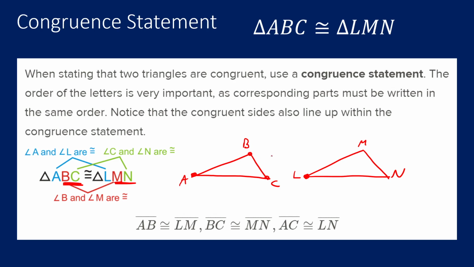BC is right here, and MN is right here, and you can see those are the same thing. I didn't draw it perfectly, but let's just assume they are. Down here I've written all the different congruences that you're being told by this congruent statement. So the order matters. You want to match up the corresponding points of the triangles.